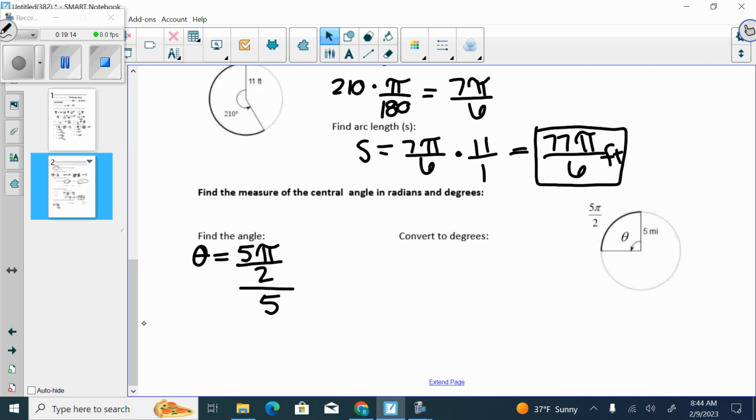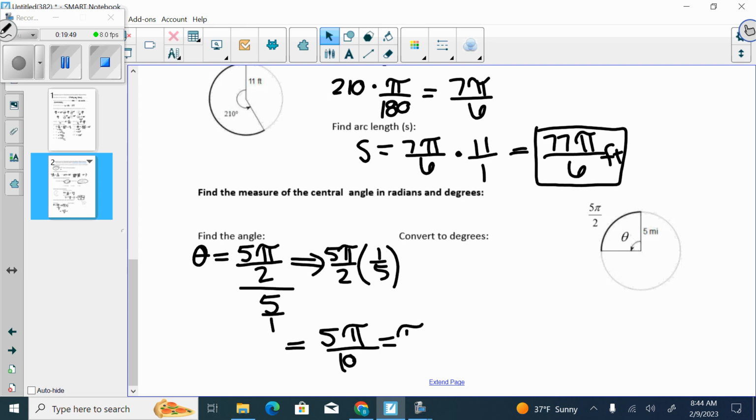So I keep my 5 pi over 2. I change from division to multiplication, and I flip the second part over. So right now it's 5 over 1, so I would make it 1 over 5. So now when I multiply, I'm going to have 5 pi times 1, which is just 5 pi. And in the denominator I'll have, and will this one simplify? 2. There we go.